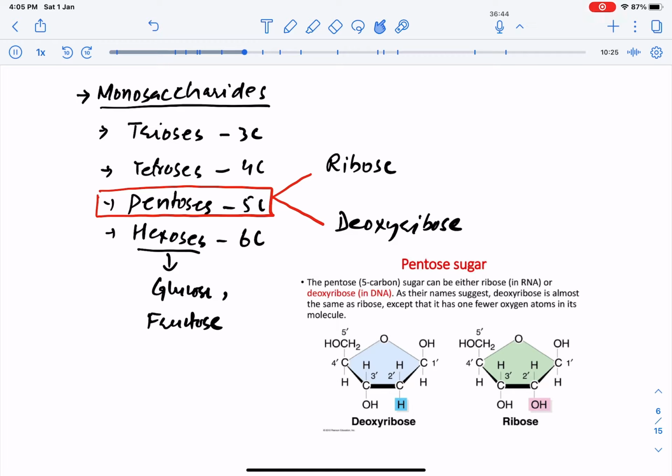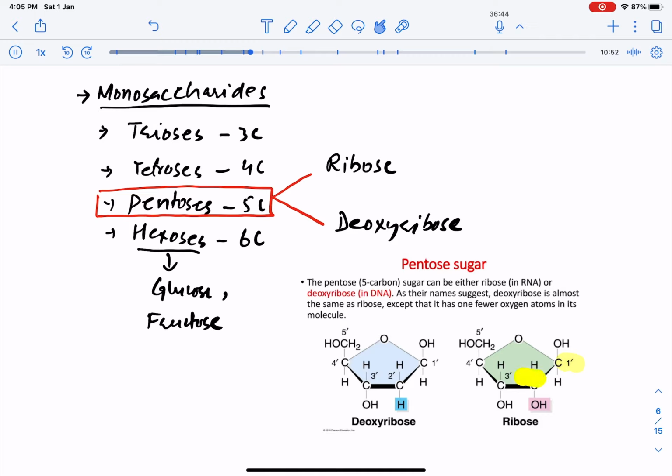So these are pentagonal rings. Each has 5 carbons, so that is why it is called a pentose sugar. The difference between ribose and deoxyribose is at carbon number 2. They have been numbered as carbon number 1, 2, 3, 4, 5.